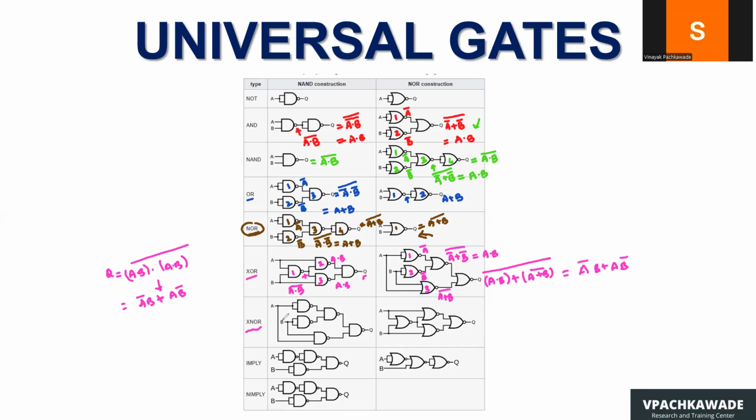Similarly, you have an XNOR. So how would you solve it? This is gate number 1. This becomes A bar. Gate number 2. This becomes B bar. And this is gate number 3. So it would be A bar and B bar and then bar.